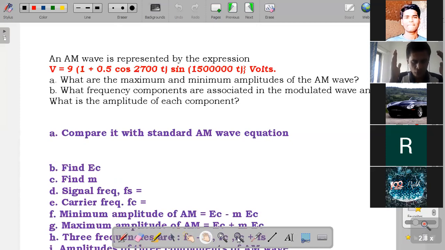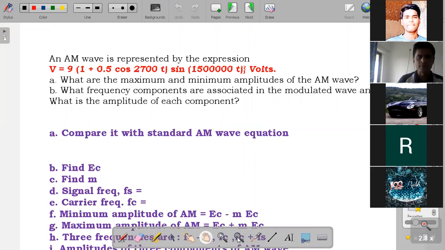Subpart A, what are the maximum and minimum amplitudes of the amplitude modulated wave? And second, what frequency components are associated in the modulated wave, and what is the amplitude of each component?